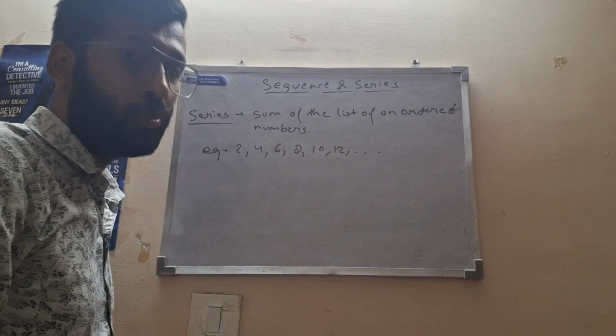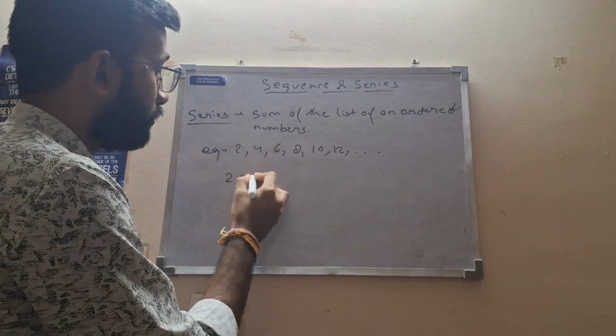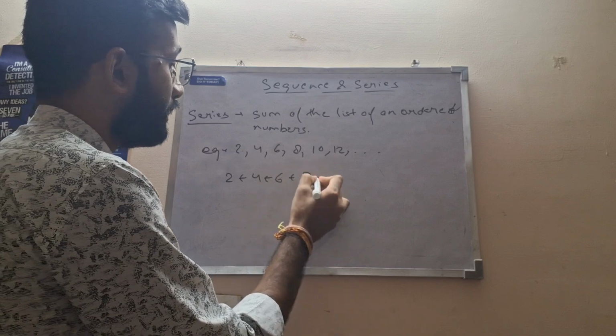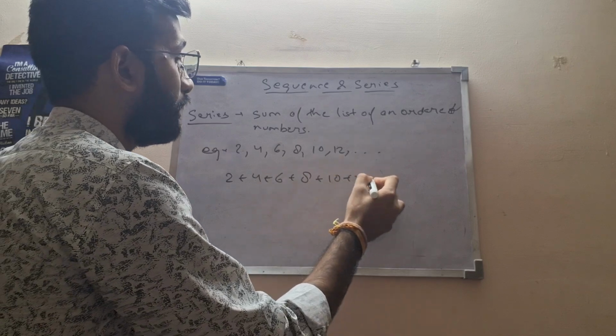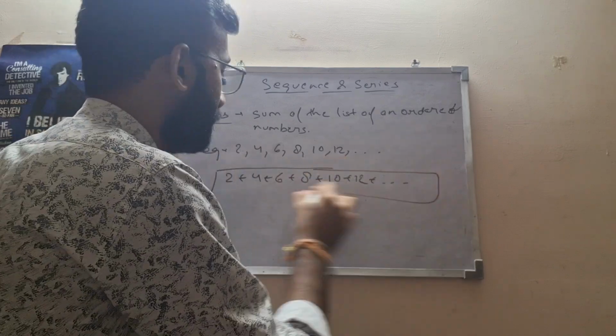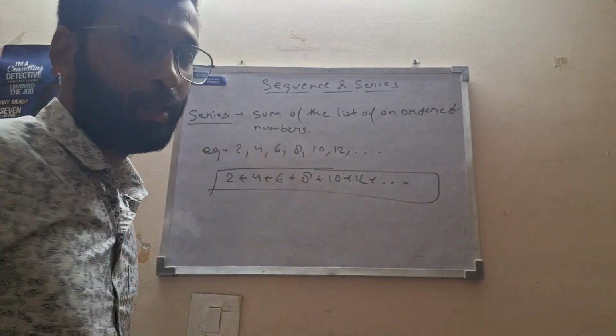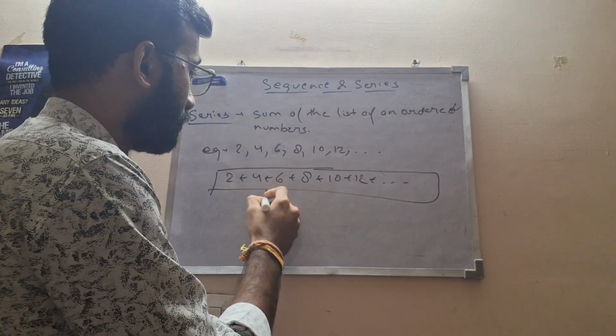This was a sequence, you remember now? Now if I write it 2 plus 4 plus 6 plus 8 plus 10 plus 12 and so on, this is called a series. We have a list of numbers and we are adding them. So this is called a series.